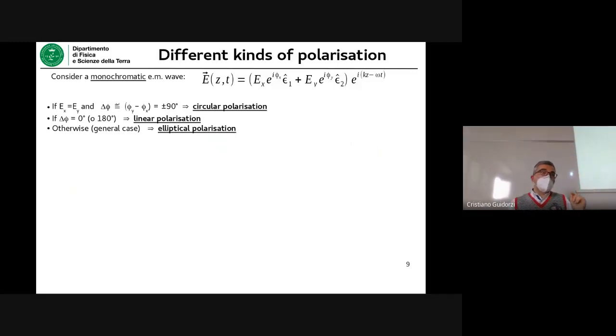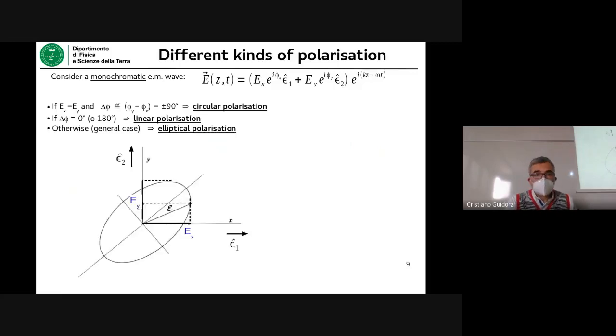If you think of the most general combination of two harmonic oscillations with no special phase difference or amplitude, the most general composition is the ellipse. So elliptical polarization, because the electric field describes an ellipse. So this is just a graphical representation of this.